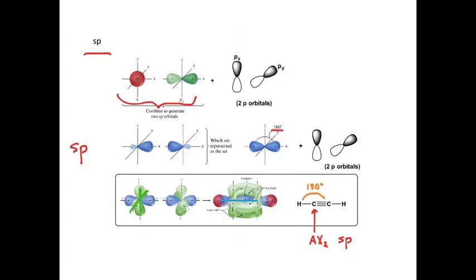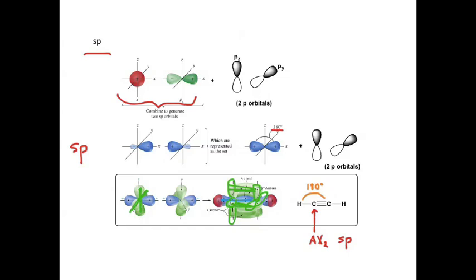And you can see those here. Here's the one perpendicular to the plane and the one up and down. So the center bond we see in blue is a sigma bond, direct overlap, and now we have two pi bonds. The one up and down forms a pi bond here, and the one in and out of the plane forms a pi bond there.